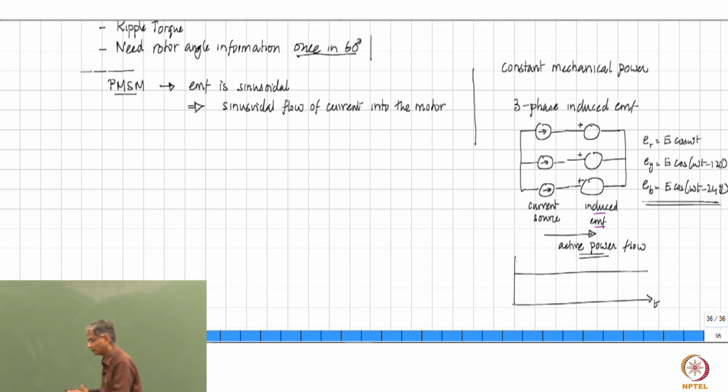So, if the induced EMFs form a balanced set, then if the flow of current is such that iR is I cos omega t plus phi, and iY is I cos omega t plus phi minus 2 pi by 3, that is 120 degrees, and iB is I cos omega t plus phi minus 240 degrees.